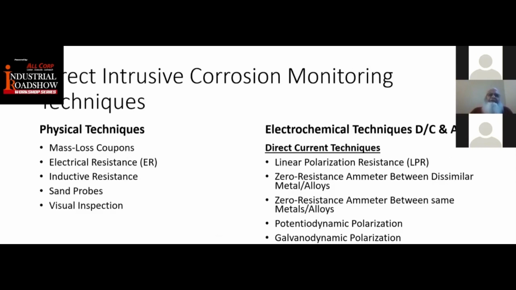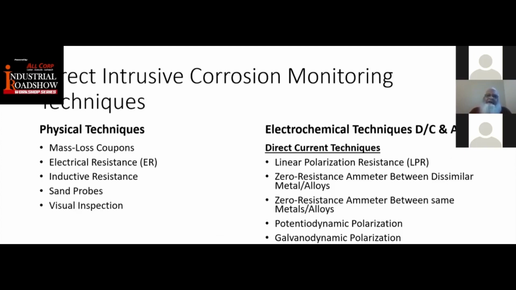The direct intrusive corrosion monitoring techniques are the physical techniques like metal loss coupons, electrical resistance probes, inductive resistance probes, sand probes, and visual inspection. Then the electrochemical techniques are based on direct current and alternating current.